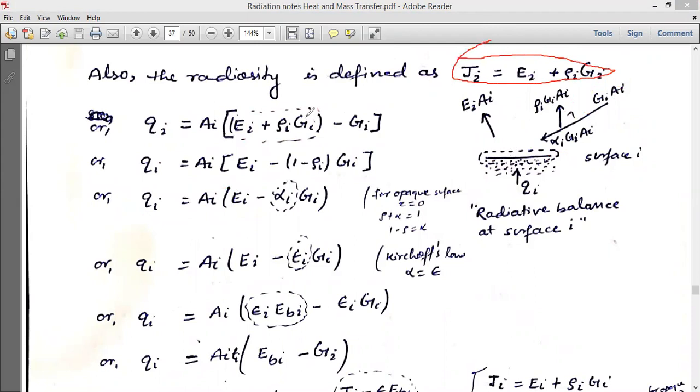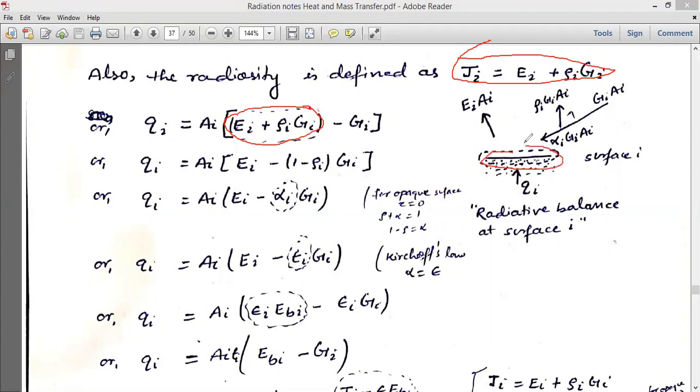So instead of radiosity हमने ये definition substitute कर दिया. So Ei plus rho i Gi substituted. अब इसको सिंप्लीफाई किया तो 1 minus rho i हो गया. चूंकि ये ओपेक सरफेस है, हमने असम्प्शन मान रखा है.